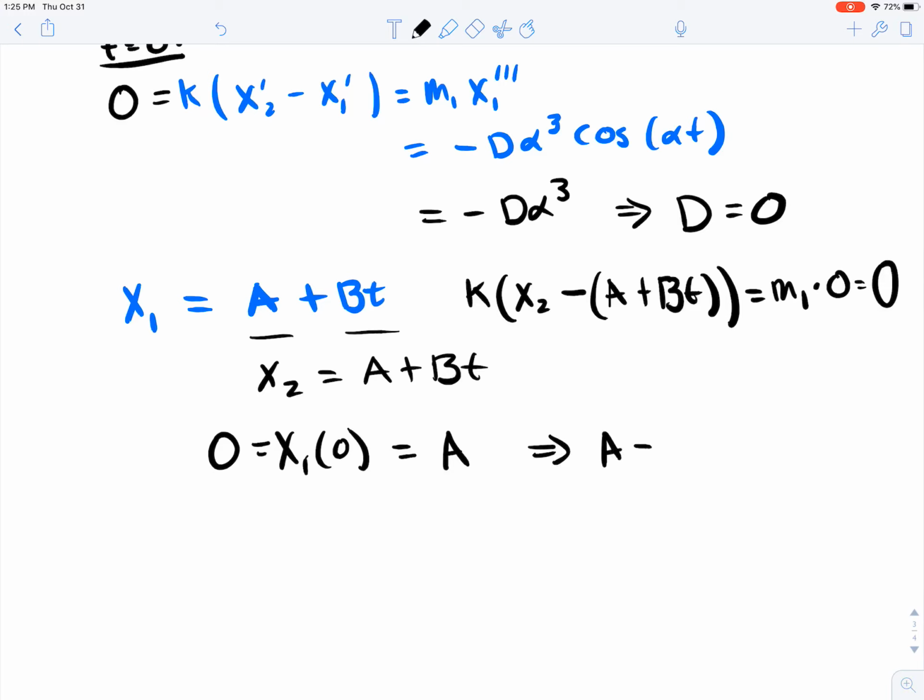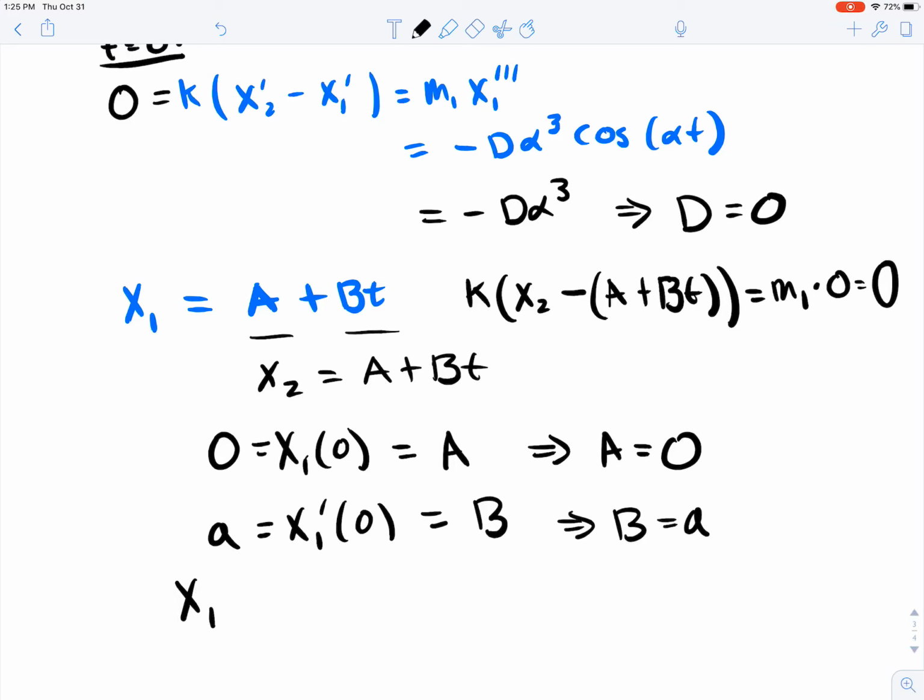Therefore, a is 0. You're also told that if you examine the derivative and plug in 0, the derivative is just b, you're going to get a. Therefore, b is a. So at the end of the day, we have that x1 is equal to x2, and it is equal to a times t.